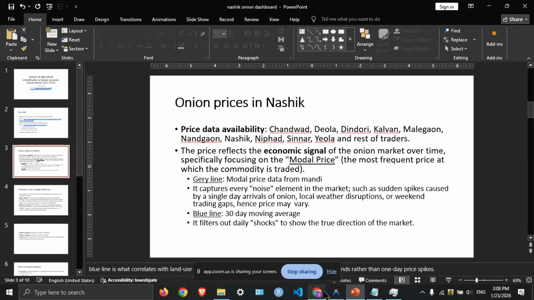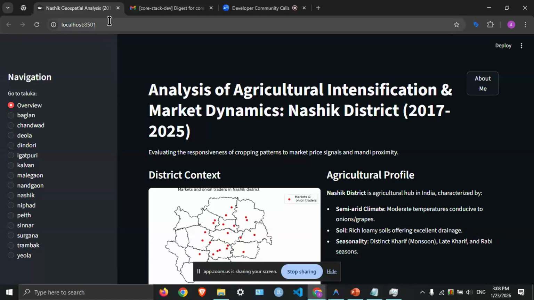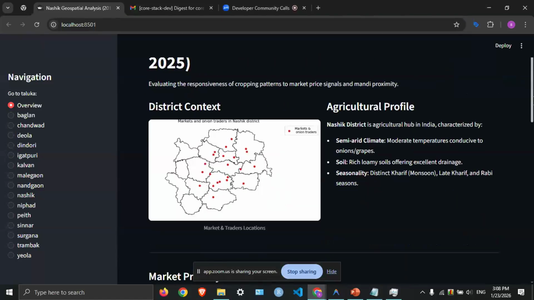So let's jump back to our dashboard. Initially, you can see that Nashik contains 15 different talukas, but in the market price data set, some talukas don't have actual mandis, so they don't provide data on onion market prices.